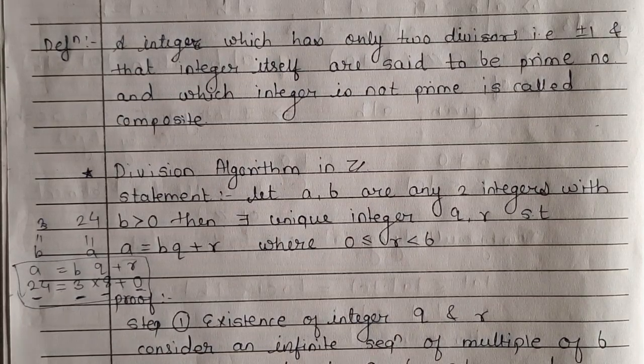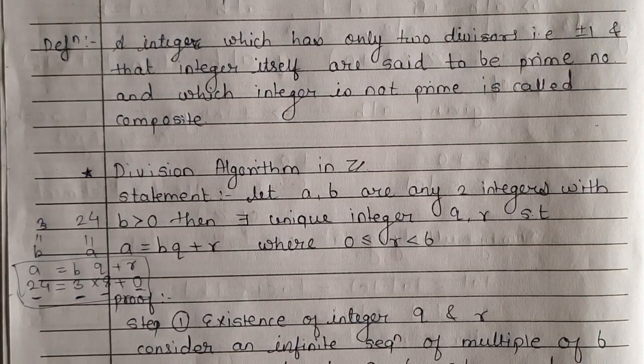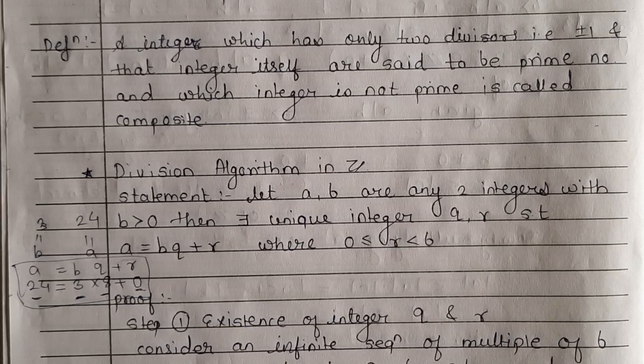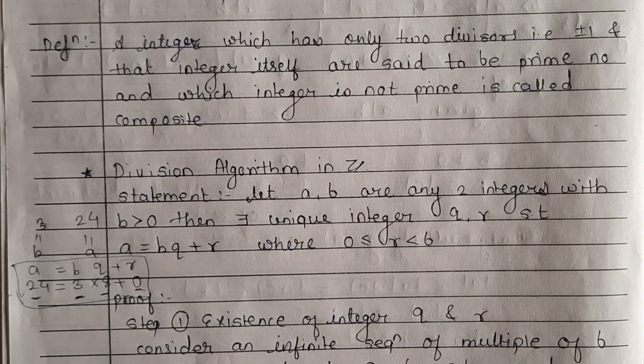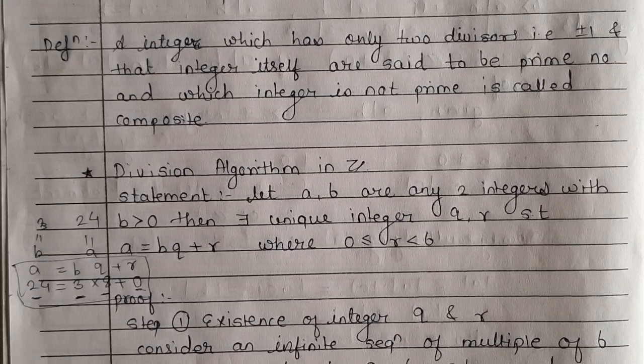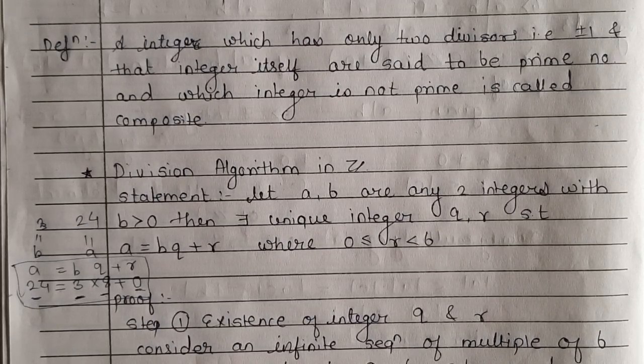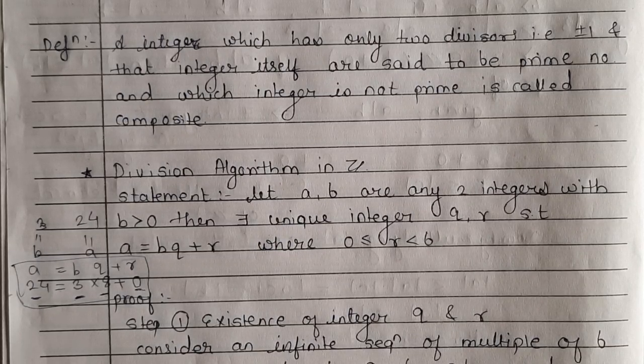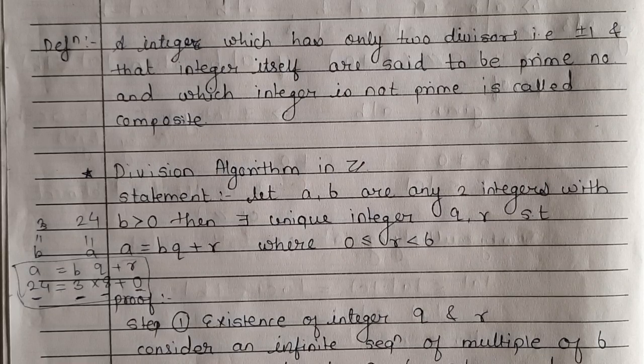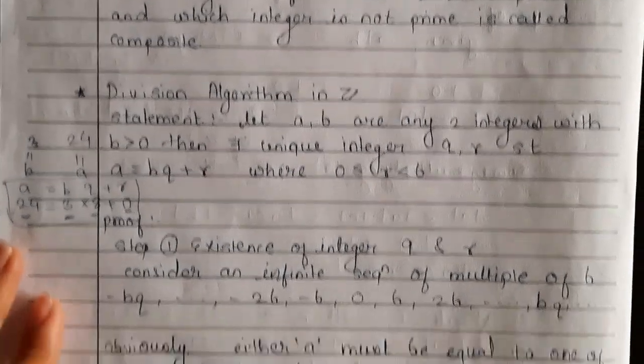In the textbook they took S as a non-empty set, proved S is non-empty, and after that by the well ordering principle they proved the rest of the theorem. Here I take two steps: existence of integers q and r, and second, uniqueness of q and r. So first we see step 1, the existence of integers q and r.